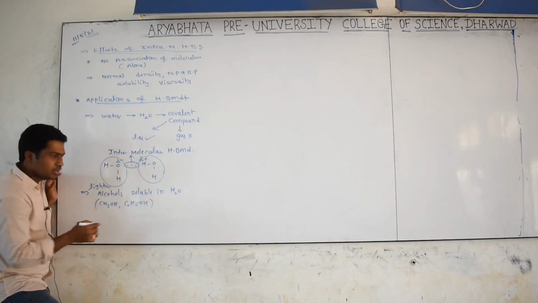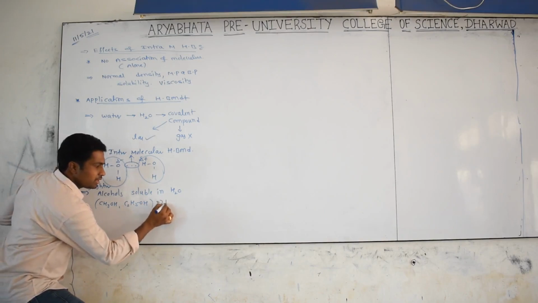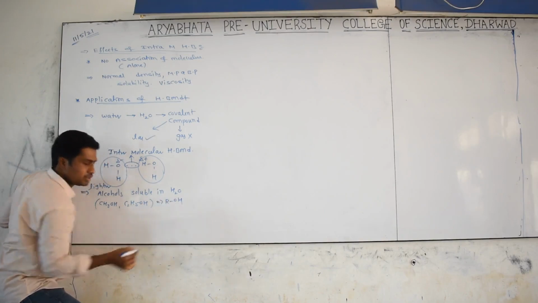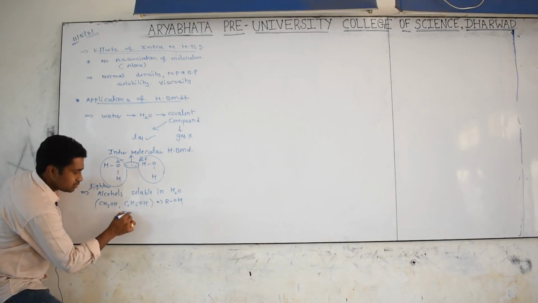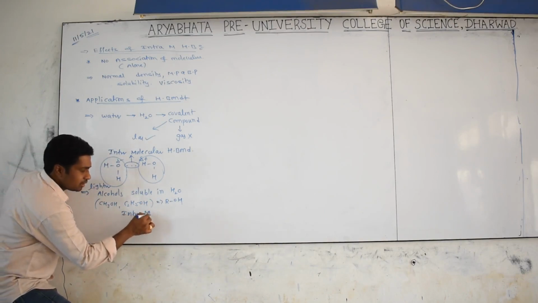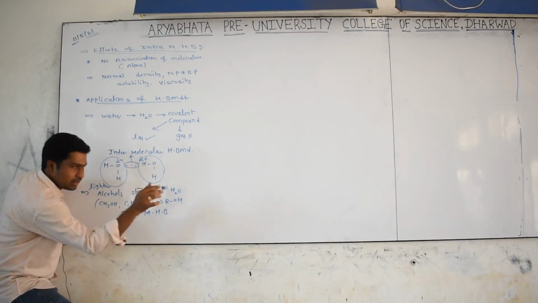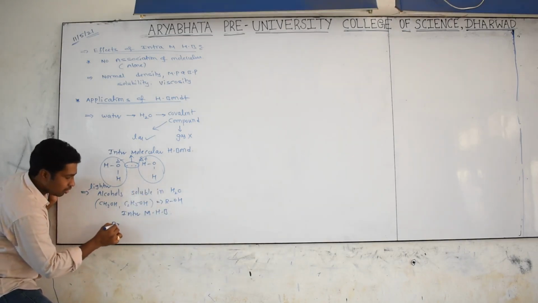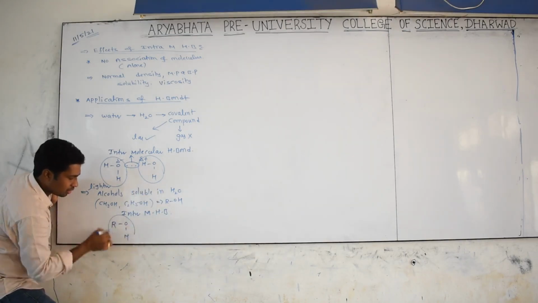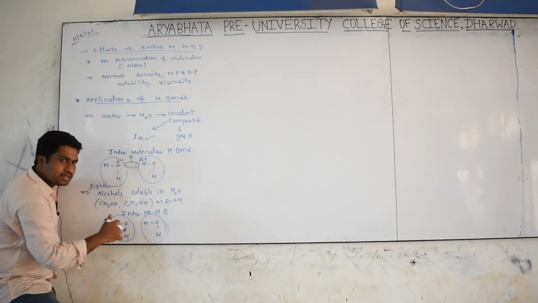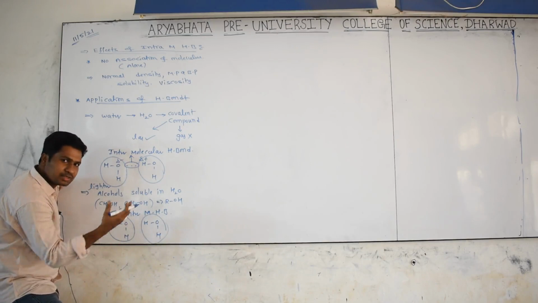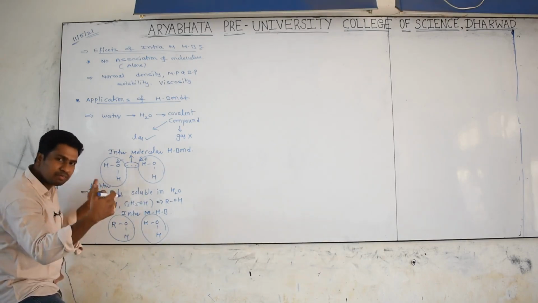These alcohols can be represented by the common representation ROH. What is the reason? The reason is also intermolecular hydrogen bonding, as already explained. Take the common representation of alcohol ROH and water H2O. Yes, it is dissolving, it is soluble. Why? Some special attraction is operating, that's why they are mixed together.